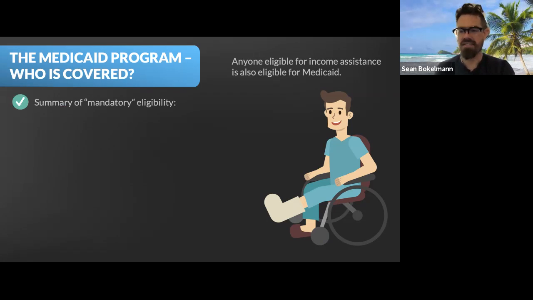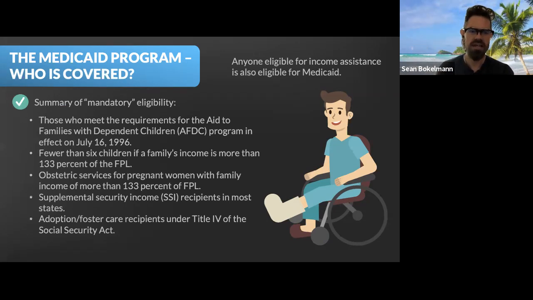On top of that, the federal government has created mandatory eligibility. So there's some eligibility rules that states have to adhere to. And here's a summary of those. So the first is anyone who meets the requirement for the Aid to Families with Dependent Children program, which came into effect in 1996, is also eligible for Medicaid.